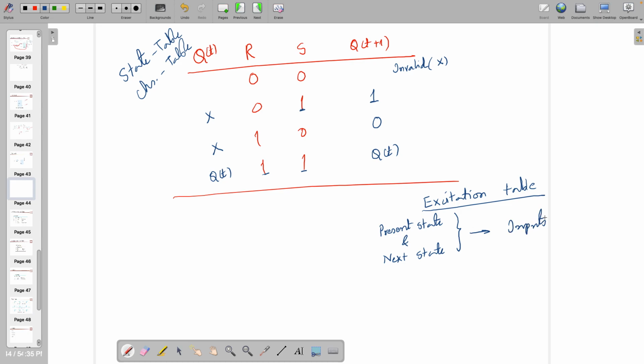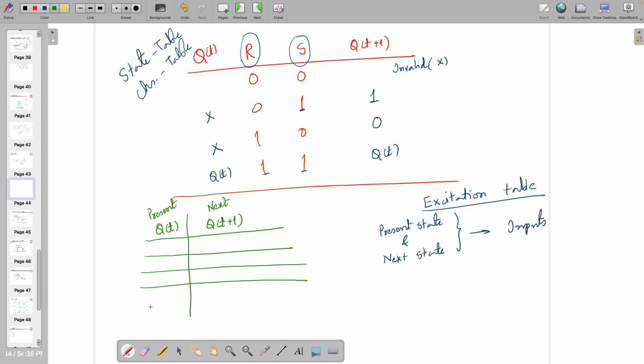You know what the present state is and what the next state will be, and based on that you need to find the inputs, which are R and S in this case. You derived Q of T plus 1 based on the inputs R and S, but now the excitation table has on one side the present state, which is Q of T, and the next state, which is Q of T plus 1, and you need to find out the possible values of R and S.